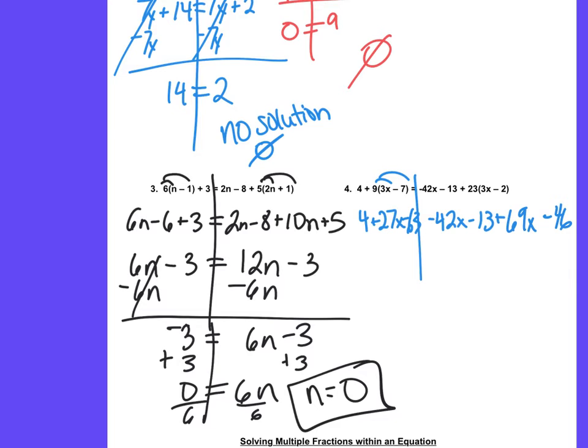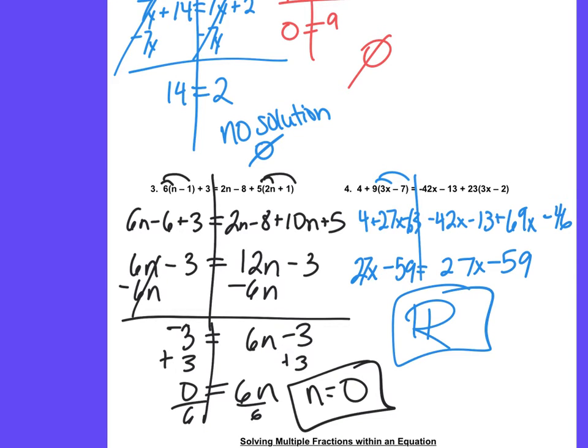Okay, combine like terms, we end up with 27x minus 59 on this side equals 27x minus 59 on this side. And I forgot my 7 right there. Okay. So these two things equal each other, right? So this would be all real numbers, which that is the sign for all real numbers. You could also just write it out. Infinitely many solutions, right? That's another answer for this one.